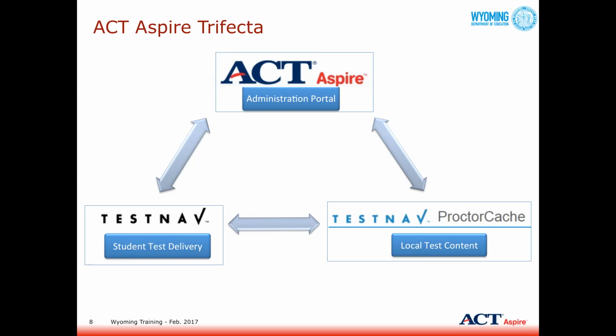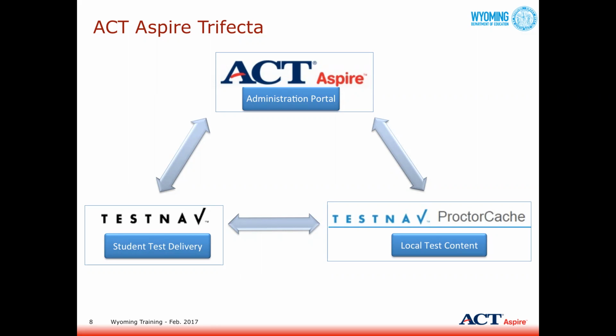Now, you may be asking about Proctor Cache. Proctor Cache on the right-hand side is where we get all the local test content. Proctor Cache has been very useful and has seemed to fix many, many technology woes that we've had over the years, making sure that the student is always getting the most accurate results and all of the content at the best performance possible.